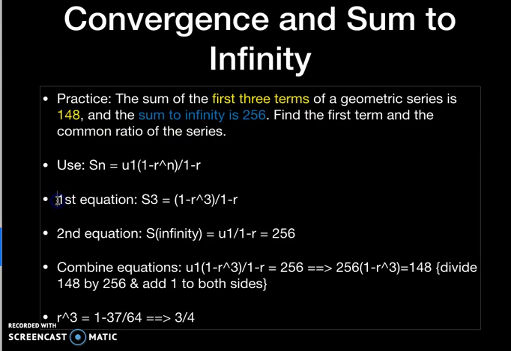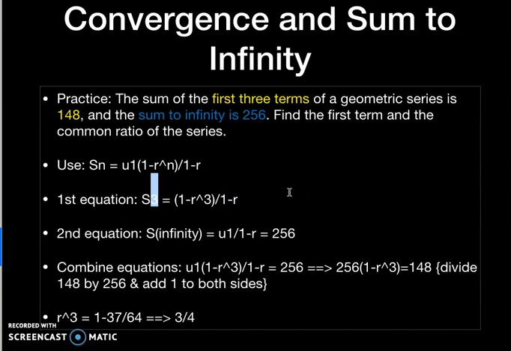Okay, so the first equation is very simple. We know there are first three terms. The 3 is going to be our n, because n stands for the number of terms. So we put 3 in the n position, giving 1 minus r to the 3, because we do not know our ratio yet, divided by 1 minus r.